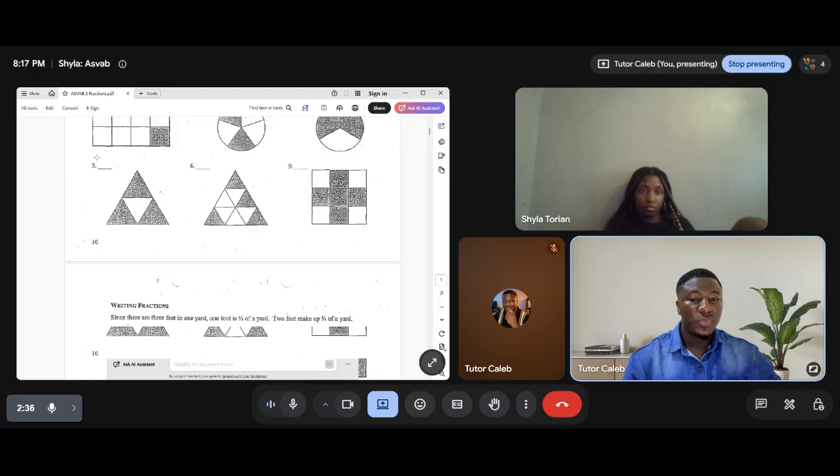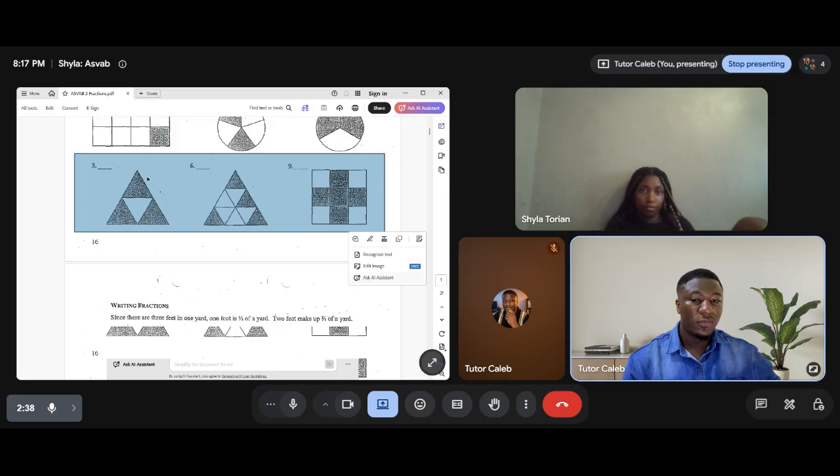Now, what will be this fraction? I want you to try questions 3, 6, and 9.